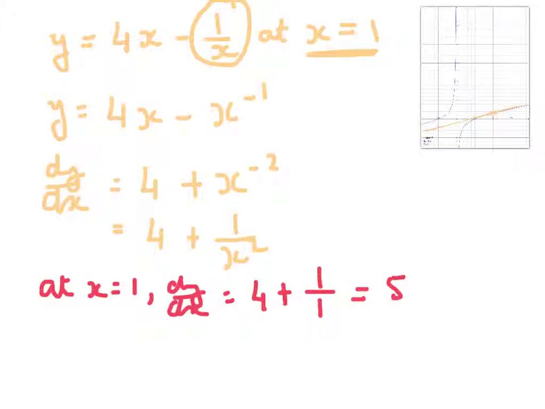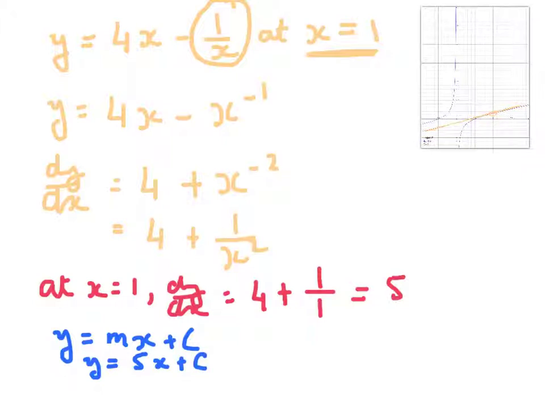Don't forget what we're after is an equation of the form y equals mx plus c. We already know m is equal to 5, so y equals 5x plus c.